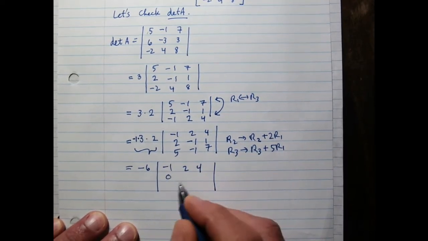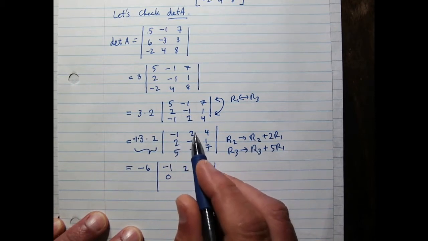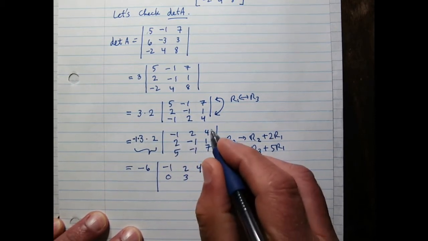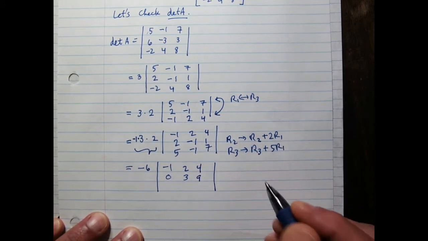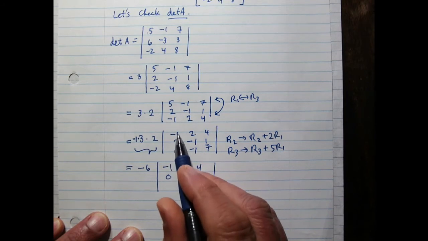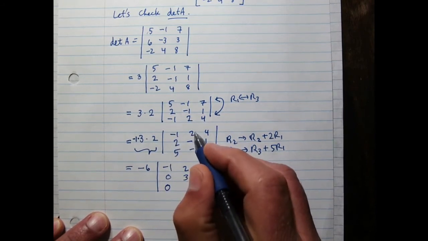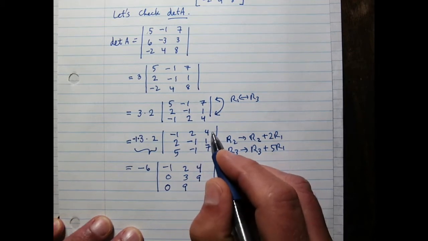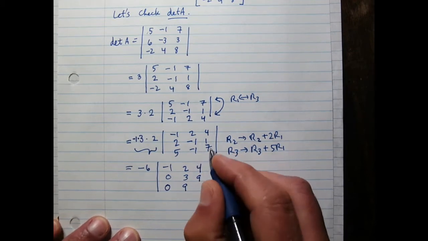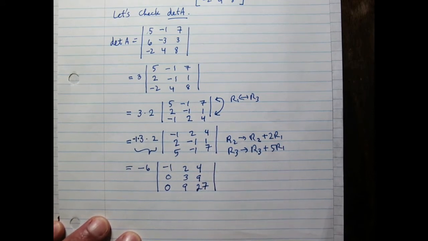And then I get 0 here. And now I'm adding 2 times row 1 to row 2. So I get 3. 2 times 4 is 8, plus 1 is 9. And then I'm adding 5 times row 1 to row 3. 5 times 2 is 10, minus 1 is 9. 5 times 4 is 20, plus 7 is 27. Okay.